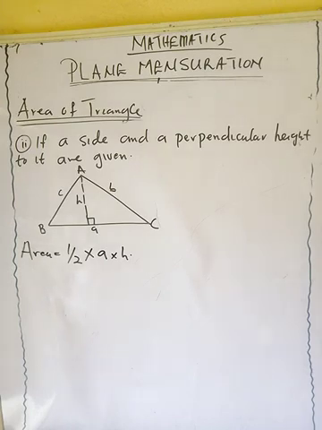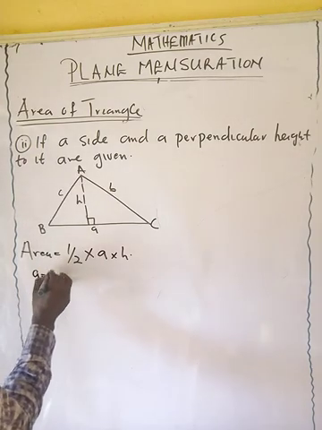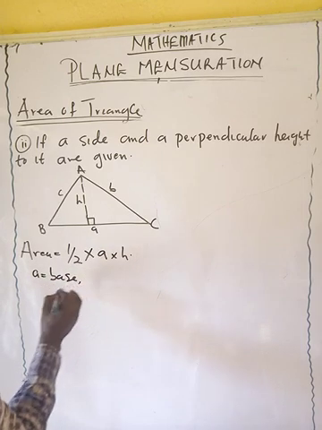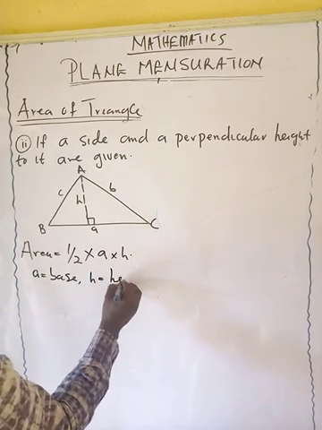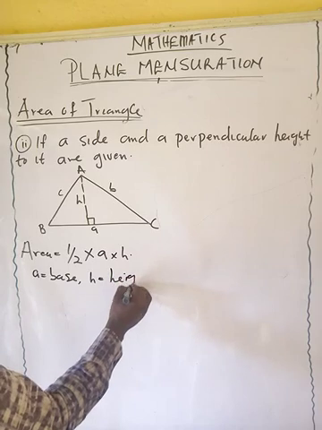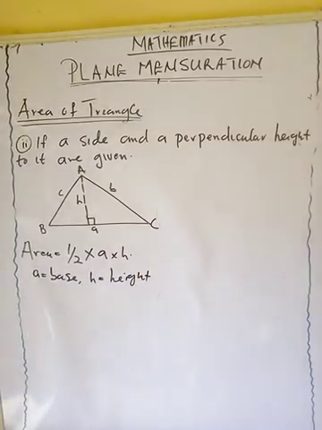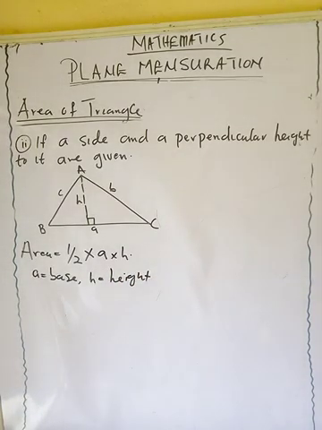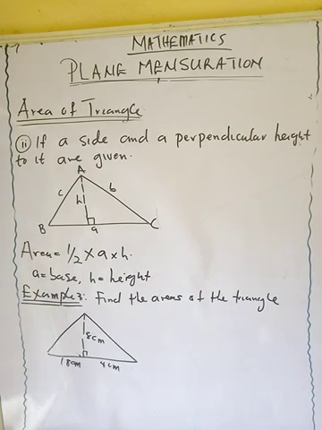Half times base times what? Height. That is, our A is the base. Our H is the what? Height. So when you are given a perpendicular line, that is a line dividing the triangle into two, then we use half times base times height.